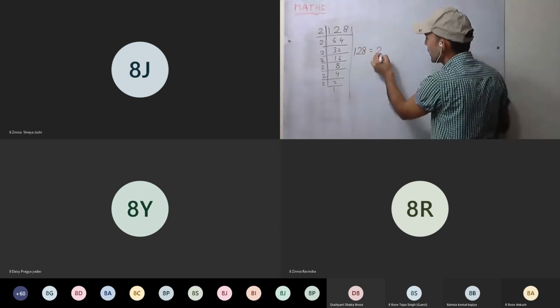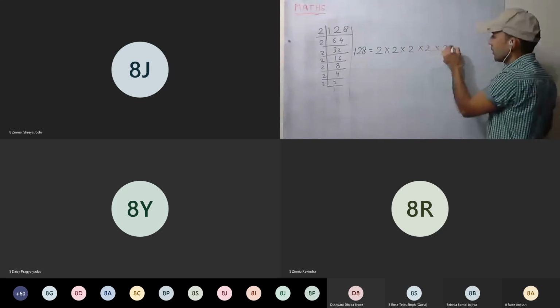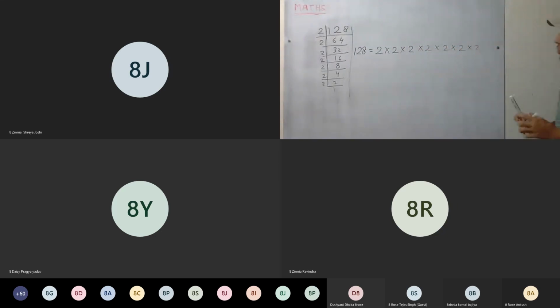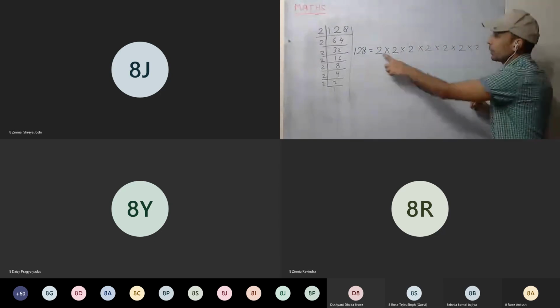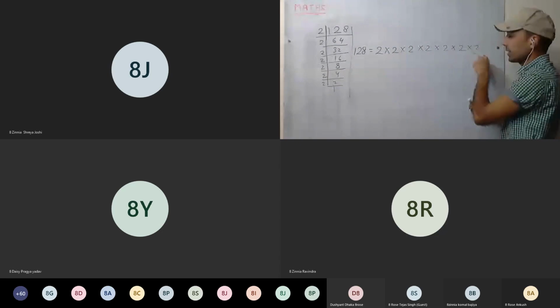How many 2's are there? 7. So 128 equals 2 multiplied 7 times. 2 appearing 7 times, multiplied: 1, 2, 3, 4, 5, 6, 7.